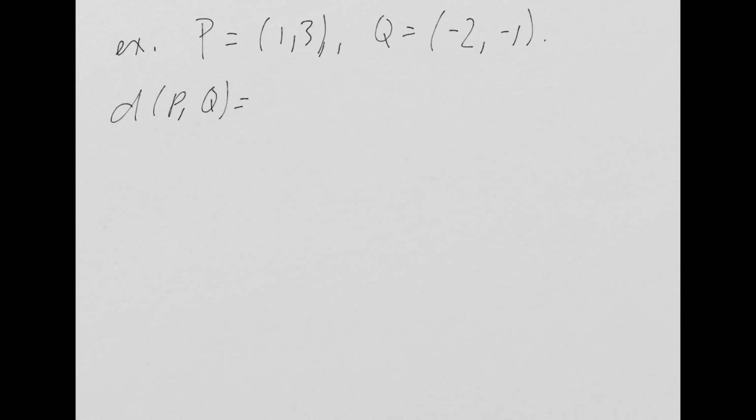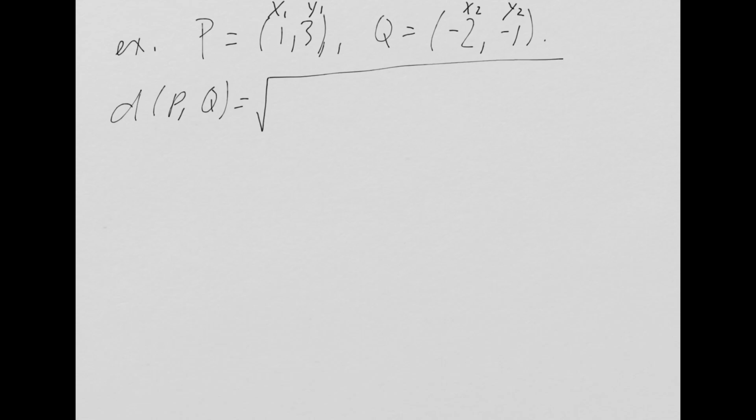So for example, let's let P be 1, 3, and let's let Q be -2, -1. To find the distance from P to Q, we're going to use the formula we just had. Now you could graph these two, of course, and use the Pythagorean theorem, but we just kind of worked it all out, so there's no point in doing that again. Let's label this as my x1, y1. Here's my x2, y2.